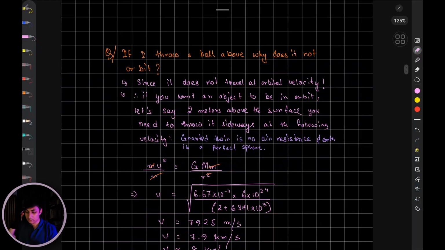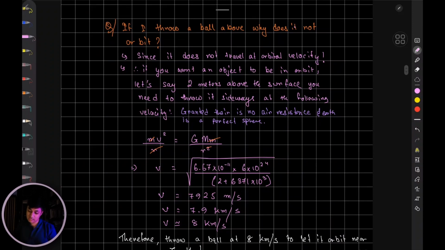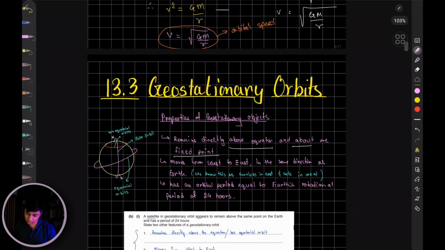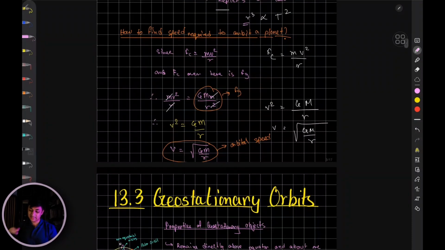And what you're going to notice is you need to throw it at a certain velocity. Now, how do you find that velocity? Remember, from over here, the speed required to orbit a planet, in this part I had discussed, this is how you will find out the orbital velocity needed at that distance away from the Earth's center.